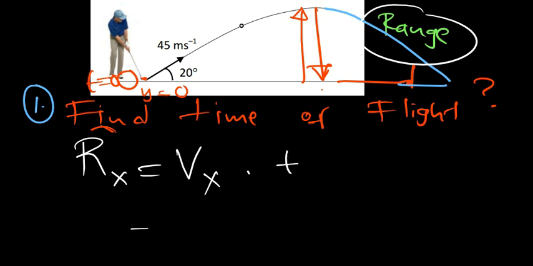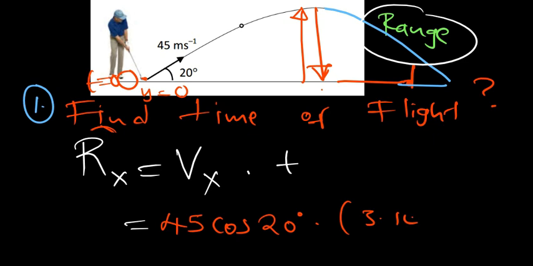So you just substitute the velocity in the x, which is constant throughout the motion, 45 cosine 20 degrees. The time of flight is 3.141. You multiply the two, and you get the distance in the x direction, which is 132.8 meters.